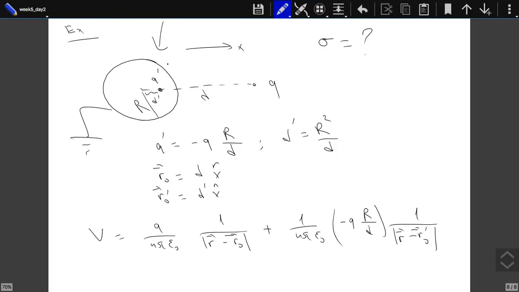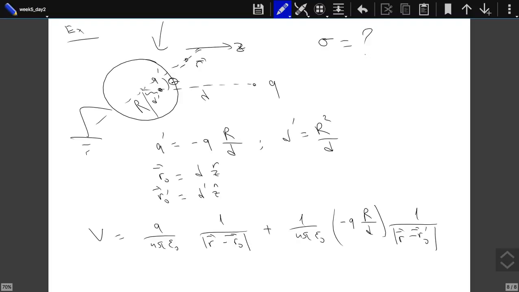Now let me choose a point over here. Sorry, I will make a change. I will call this one my z-axis, not x. So the charge is on the z-axis, the image charge will be also on the z-axis, and the center of my sphere is the origin of my axes. If I choose this point over here, I want to calculate the potential at that point.